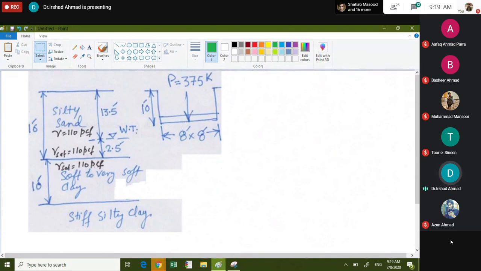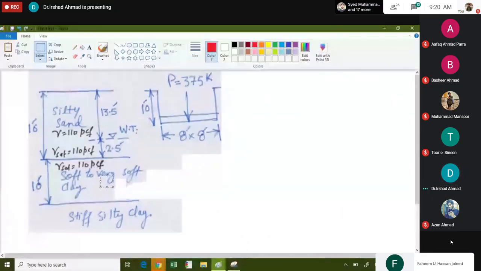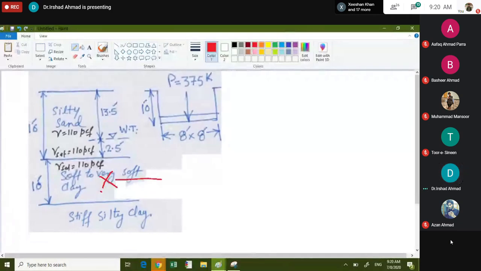This is the average stress increase in the layer. Now if I ask you to find stress at the mid of the clay layer, somewhere in the middle of the clay layer, here, what would be delta sigma z? उसे find करें.